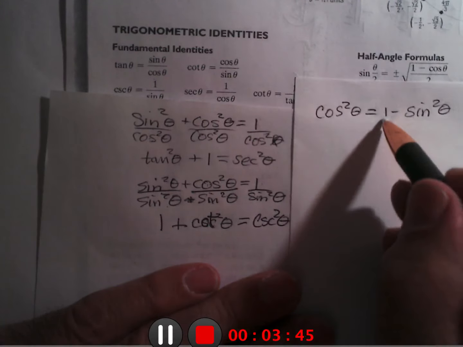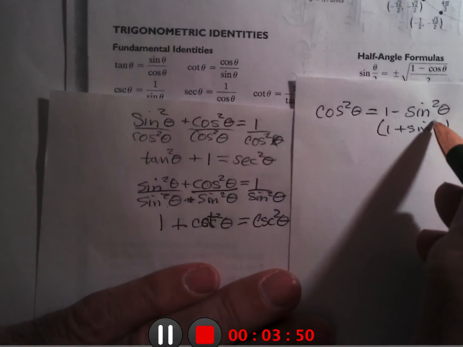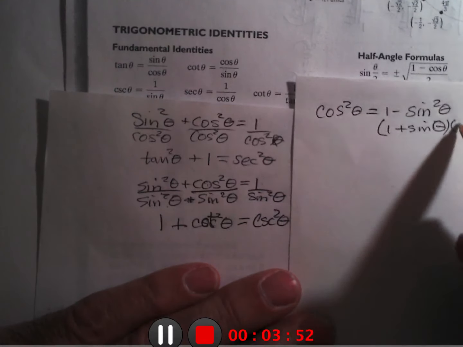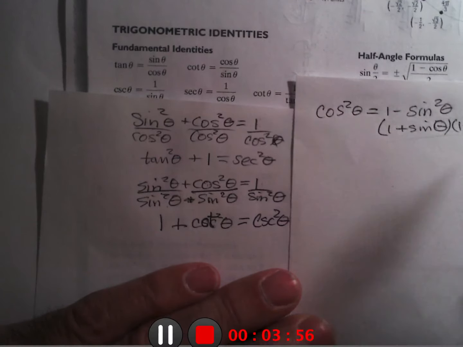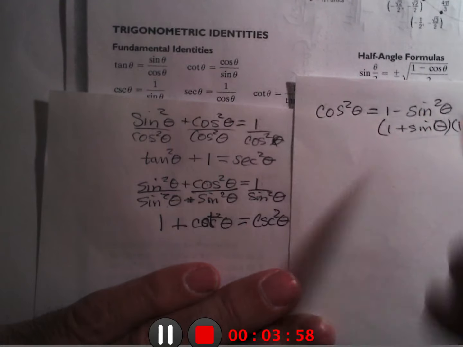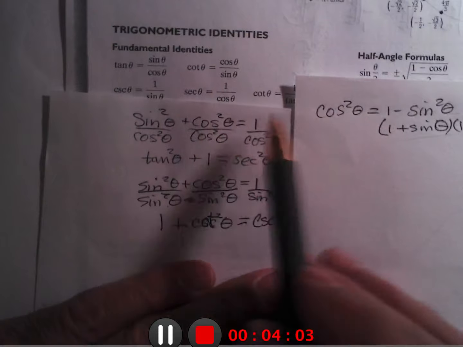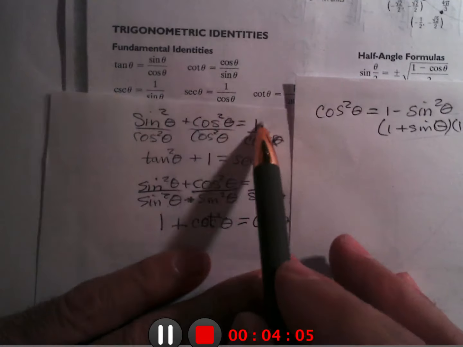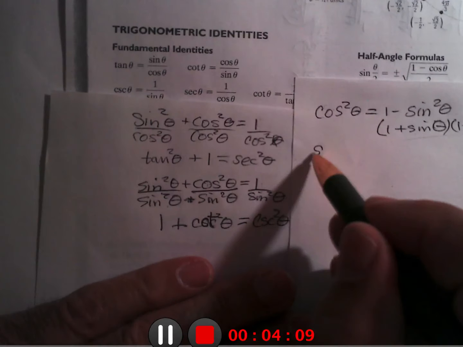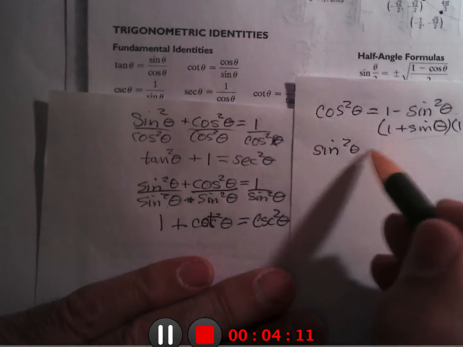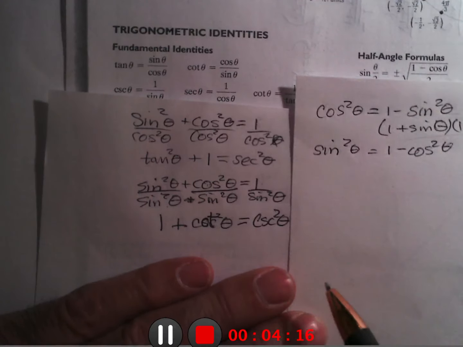This would be 1 plus sine theta times 1 minus sine theta. Not often you do that, but that does equal this. So this times this is the same as cosine squared. That's if we subtract sine squared from both sides. If we subtracted cosine squared from both sides, we'd have sine squared theta equals 1 minus cosine squared theta. And we could factor that.